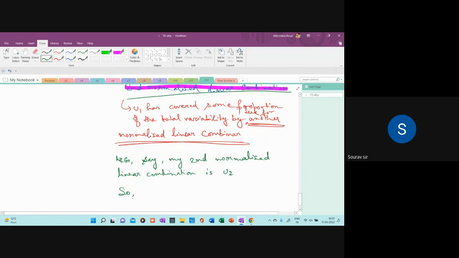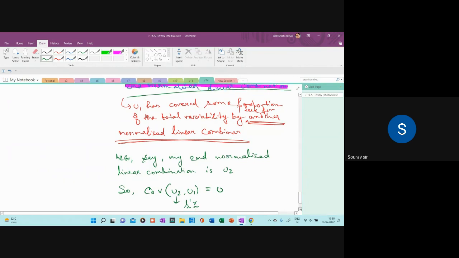Obviously u2 is going to satisfy covariance of u2 comma u1 equals 0, where u2 is of the form L curl transpose X curl as well. This is going to be my second principal component.